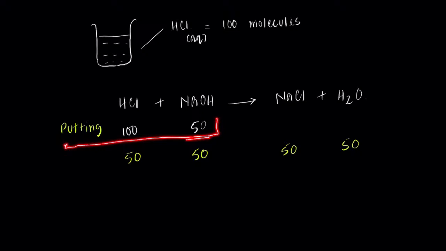So I'm looking at what's left behind after the reaction has taken place. If you put in 50 sodium hydroxide, all of it will react and turn to 0. You'll be left with 50 HCl, and you'll produce 50 salts and 50 water molecules. Does that make sense? Saad, are you following?